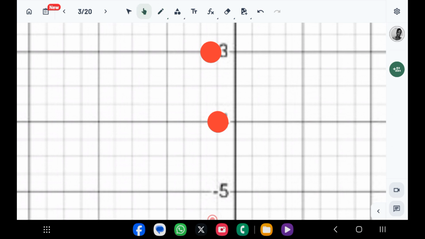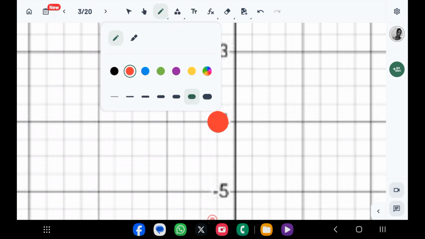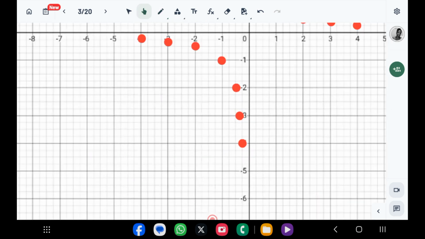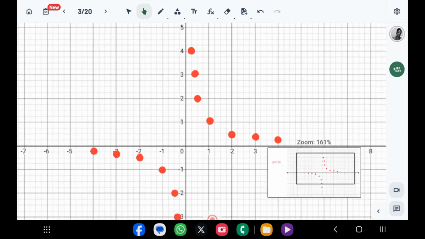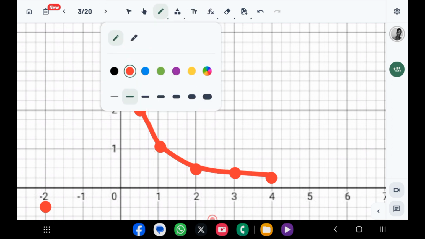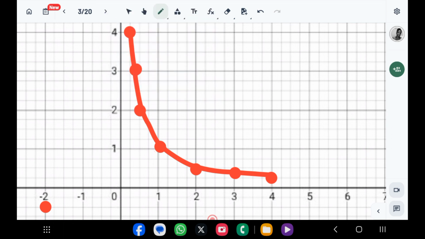Now we join the points. Let's join the points together. Let's start with the ones that we started with. Okay, that's how we join the points together. Now, we continue with the tails.